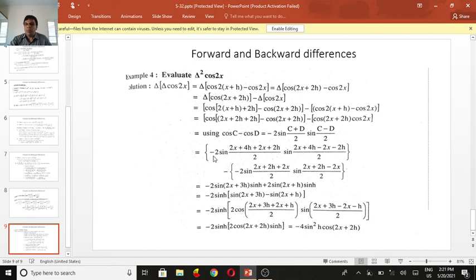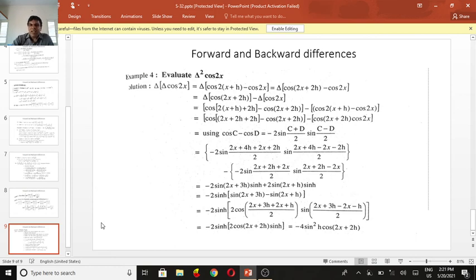So we get minus 2 times sin of (2x plus 4h plus 2x plus 2h) divided by 2 into sin of (2x plus 4h minus 2x minus 2h) divided by 2. Again we apply the same formula in the second term: minus 2 times sin of (2x plus 2h plus 2x) divided by 2 into sin of (2x plus 2h minus 2x) divided by 2.